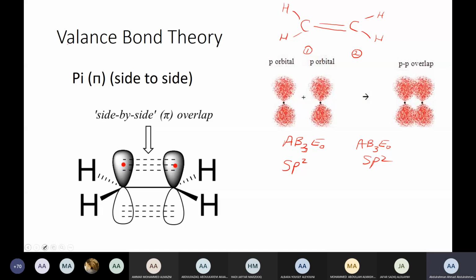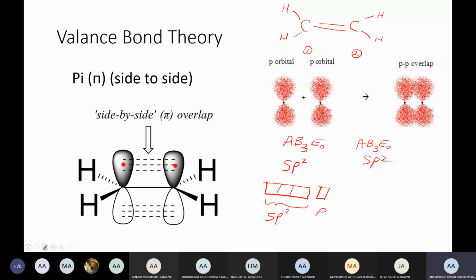There will be 3 boxes for this carbon, and 1 box will be empty. What's the name of the first 3 boxes? Each one of them is called sp2, and the box by itself is P, only P.